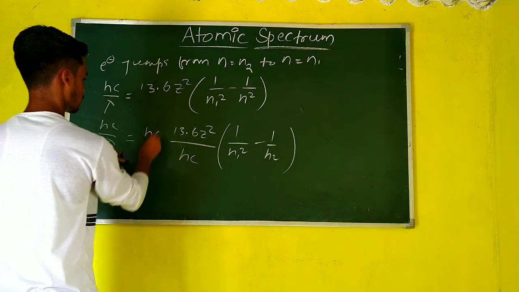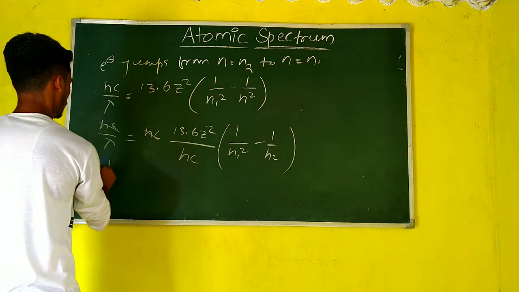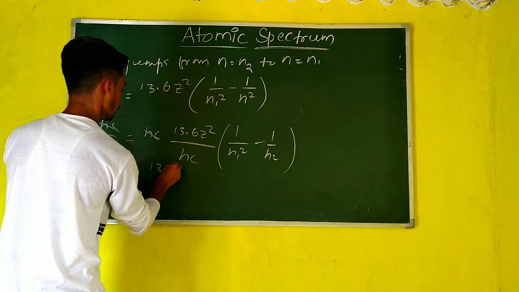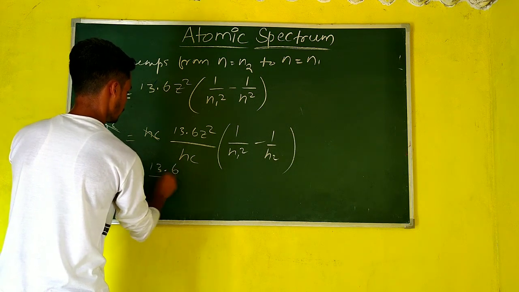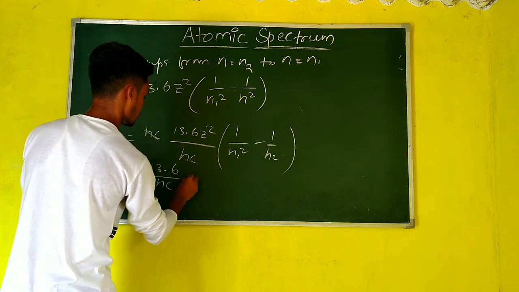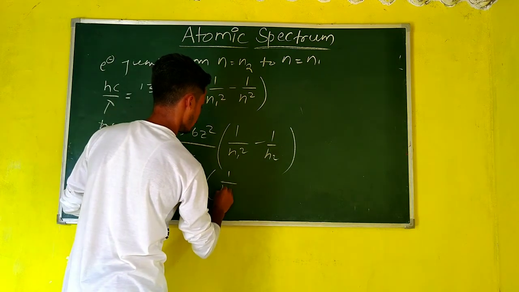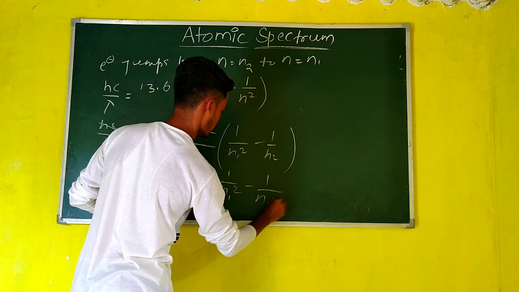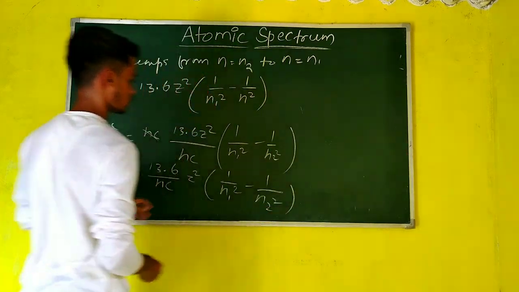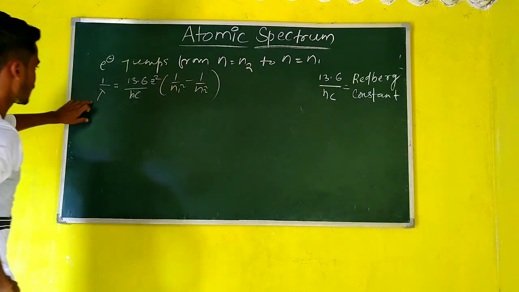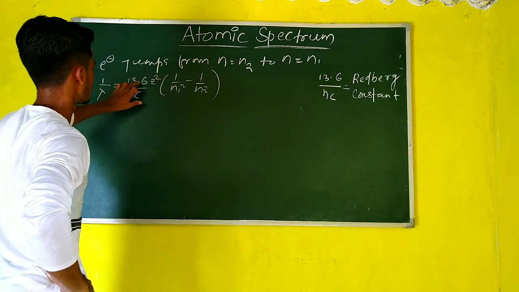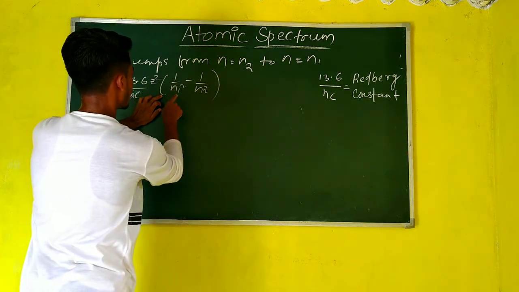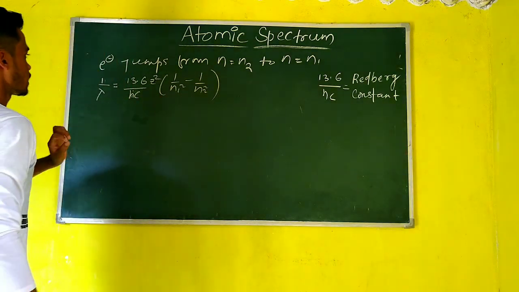Then hc is shifted, then 1 by lambda equal to 13.6 by hc z square, 1 by n1 square minus 1 by n2 square. Students, 1 by lambda equal to 13.6 z square by hc into 1 by n1 square minus 1 by n2 square.